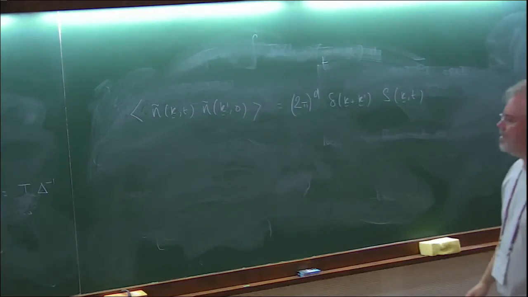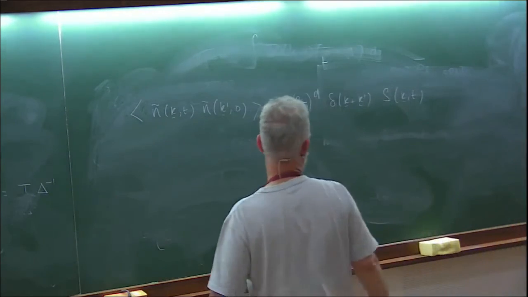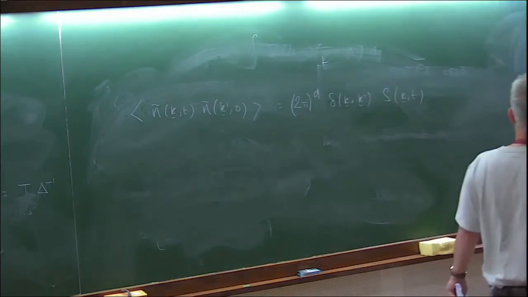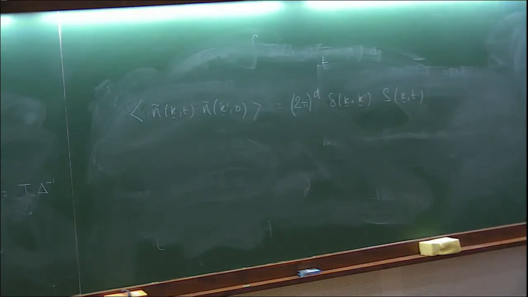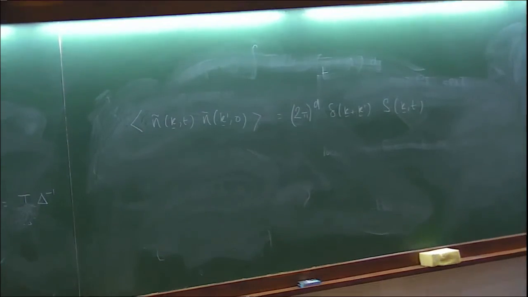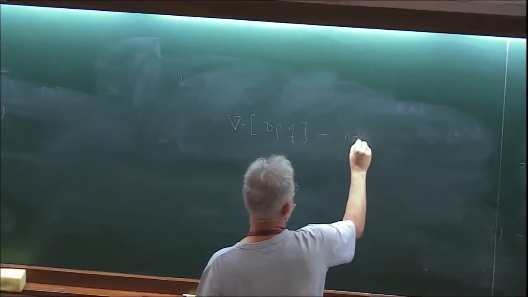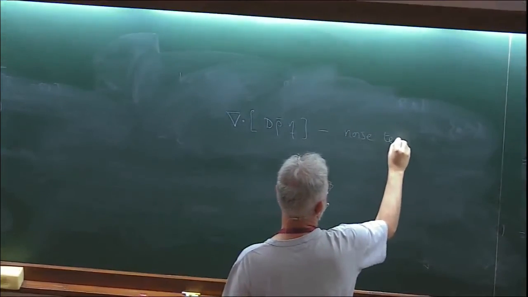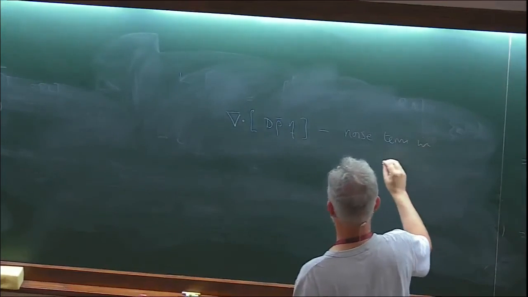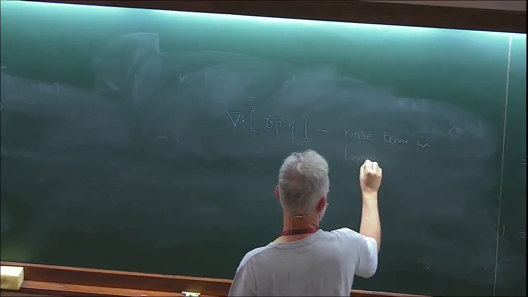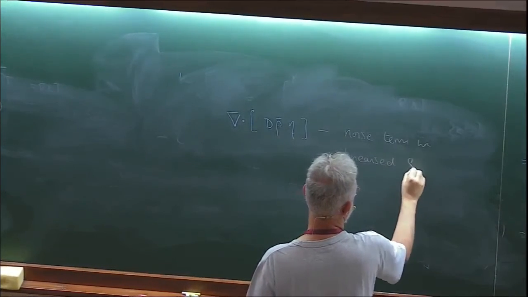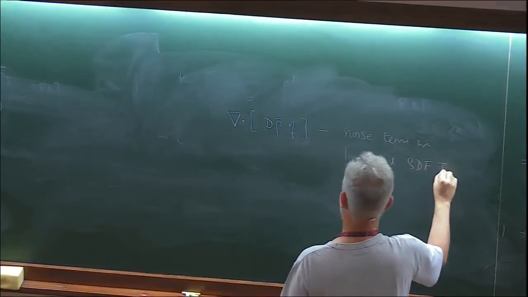If you look at that, and you look at the form of R in my equation, the term with the noise was the divergence of, we had d times rho bar. So this is the noise term in the linearized stochastic density functional theory.